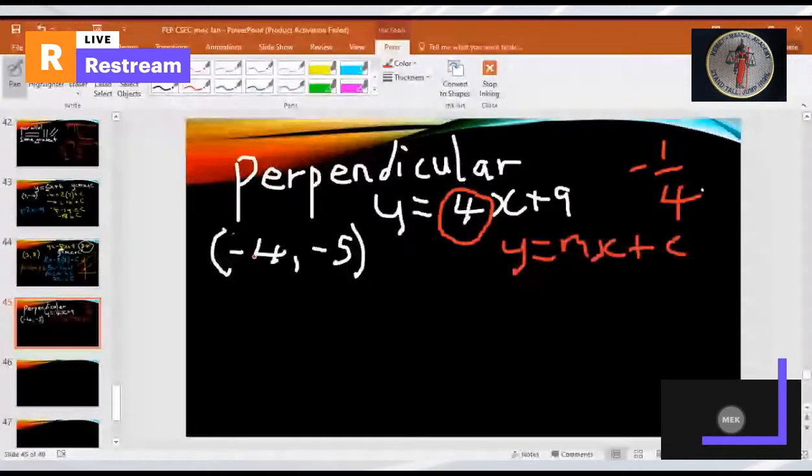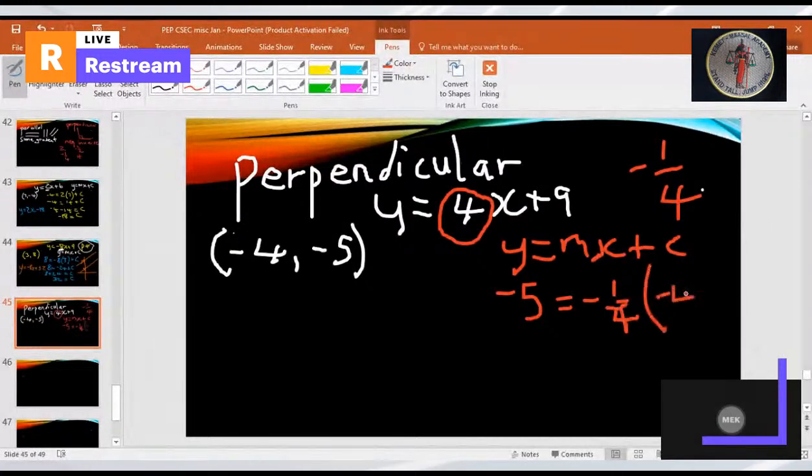So -5 is equal to -1/4 times 4, plus c. Then -1/4 times 4 gives -1, so that 4 would cancel this one.